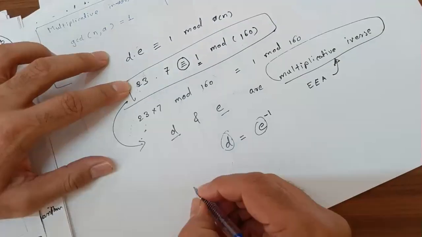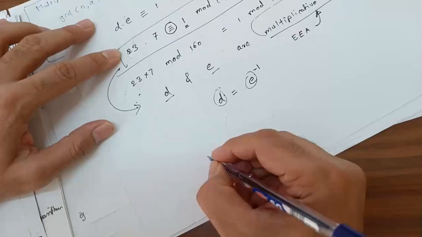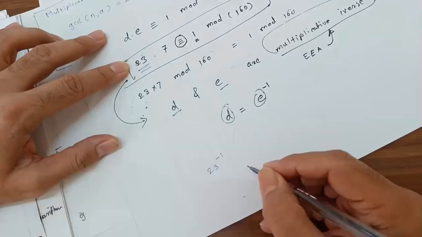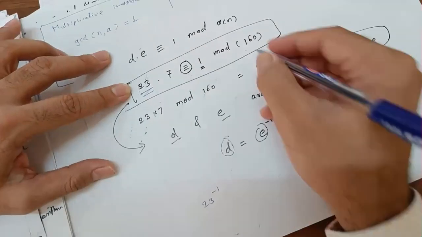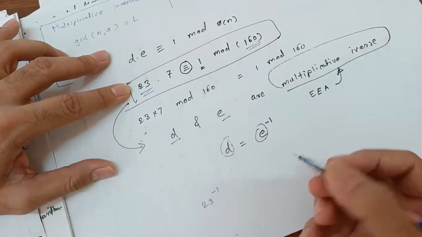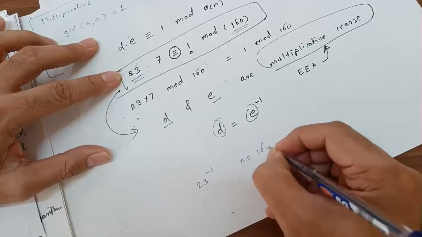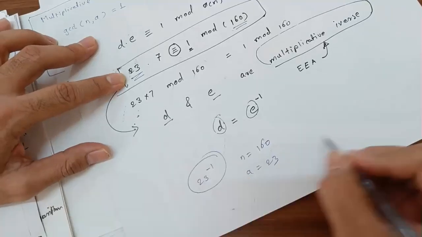So find out the inverse of 23. Okay, 23 inverse you have to find when the value of mod is 160. So the value of n is 160, the value of a is 23. Okay, and you have to find out 23 inverse.